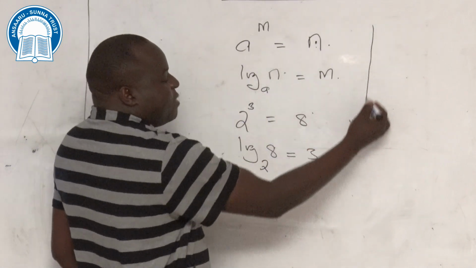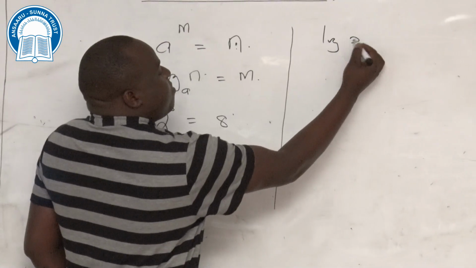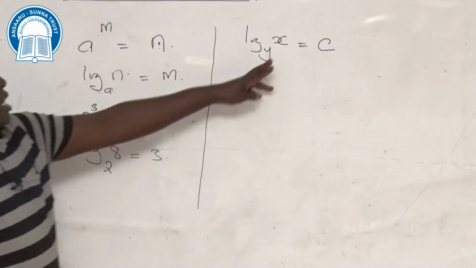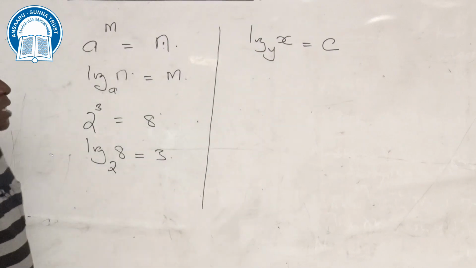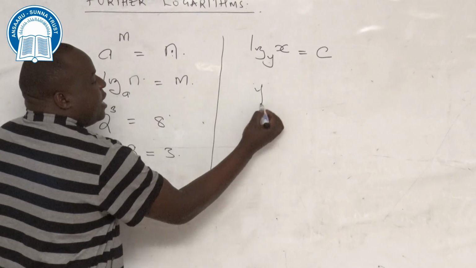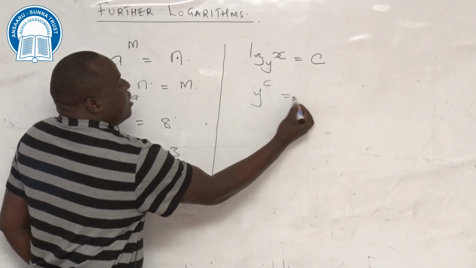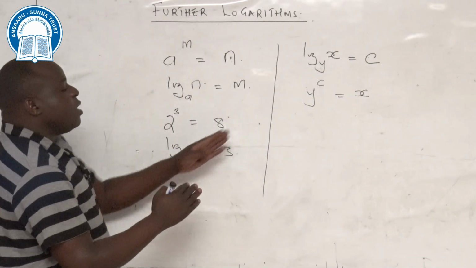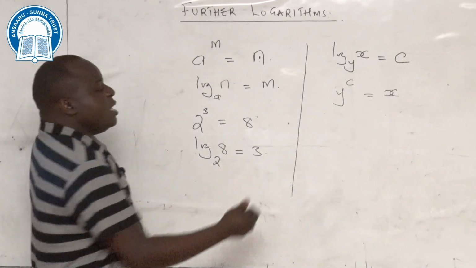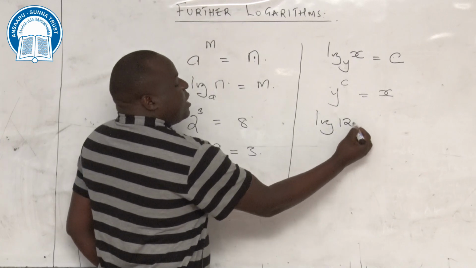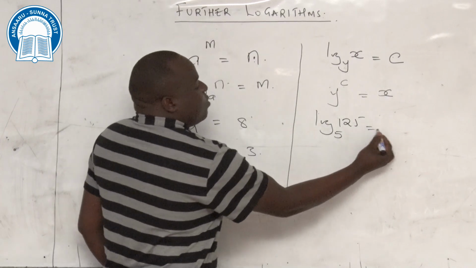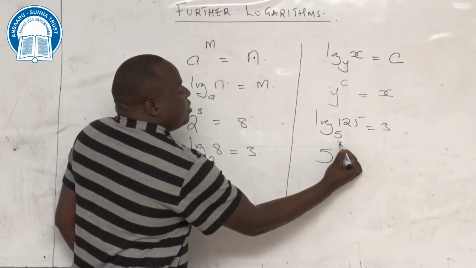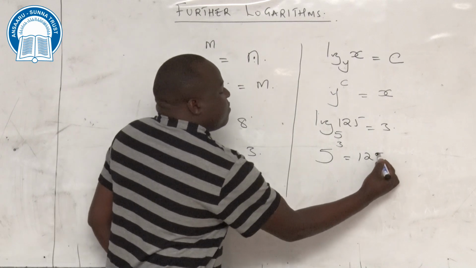For example, if I have a statement log x base y equals, say, c, then from this, if you want to change logs to indices, it has to be y raised to c equals x. I hope you notice that. You have to know how to deal with these values. Something like log 125 base 5 equals 3 is the same as 5 raised to 3 equals 125.